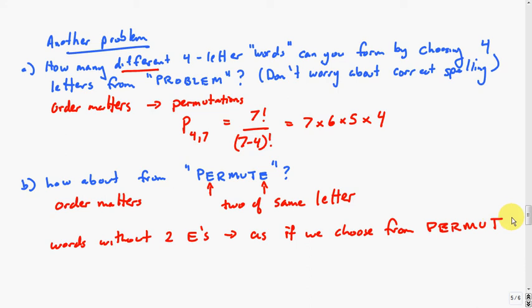That is, we have 6 letters to choose from, because if we know there aren't 2 E's, then it's like we're choosing from that. So for those, we would have 6 times 5 times 4 times 3 ways to choose those.